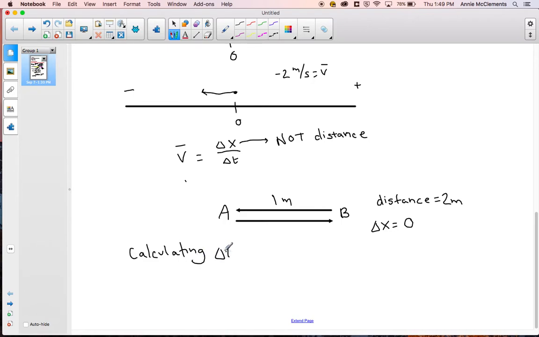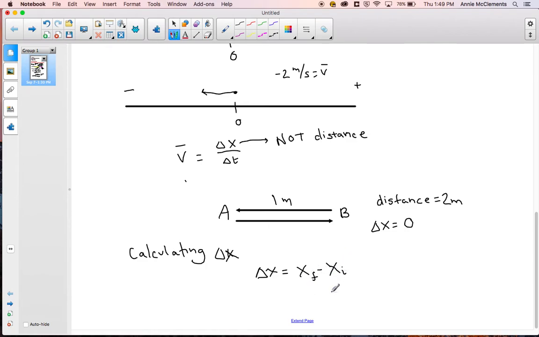That's a horrible x. Calculating delta x, you're going to do delta x equals the position that you ended in, x final, minus the position that you started in. And I did a few examples of this in class.